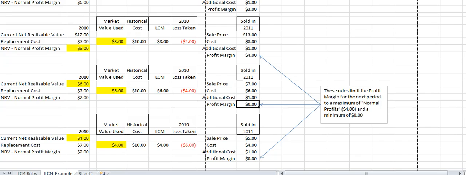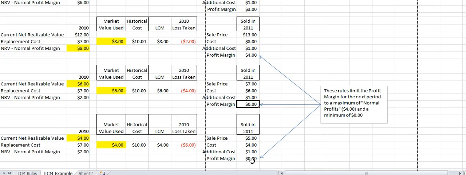And here we have another example. This is just to drive the point that the idea here is that you're going to book as much loss as you have to in 2010 to maintain a minimum profit margin of 0 in the future.